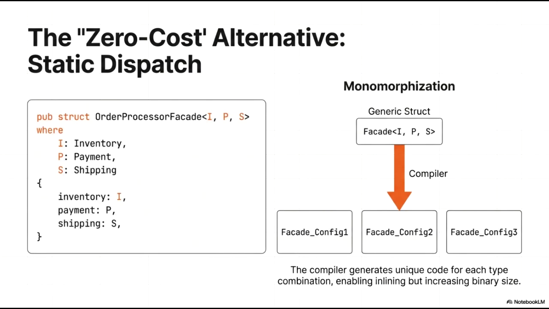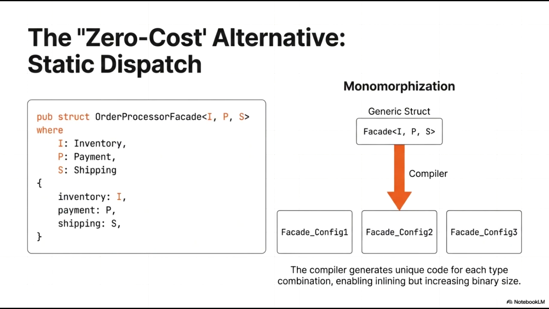Static dispatch offers a zero-cost alternative to dynamic dispatch by shifting the computational overhead of polymorphism from runtime to compile time. As illustrated in the code snippet, we define a generic struct, OrderProcessorFacade, which utilizes generic type parameters I, P, and S constrained by traits for inventory, payment, and shipping.